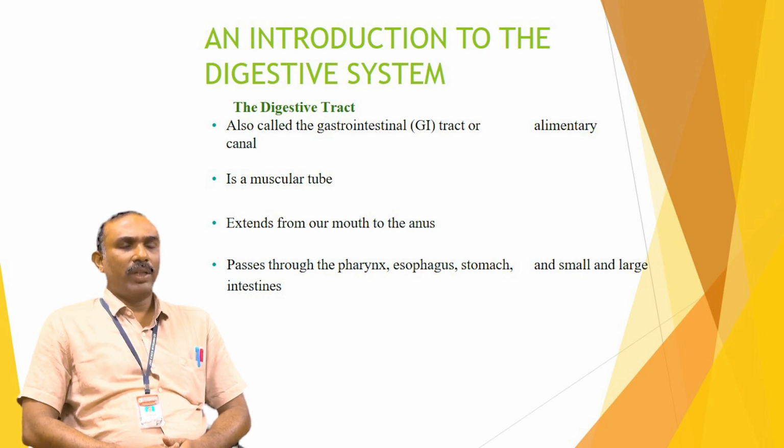It is made up of a muscular tube that starts from the mouth and ends at the anus. Whatever food we take passes through the pharynx, esophagus, stomach, small intestine and large intestine. These are all the parts of the alimentary canal.